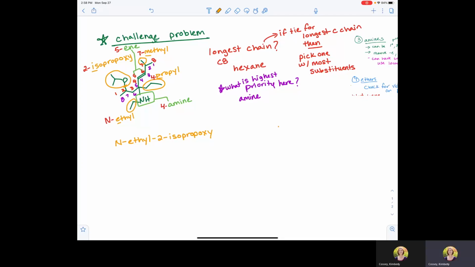And then the next one's going to be M, 7-methyl. Oops, I forgot the dash. And then we have, what's the next one? Propyl. Okay, so that's all the substituents. 1, 2, 3, 4. Got it.